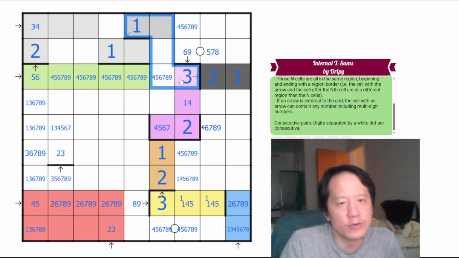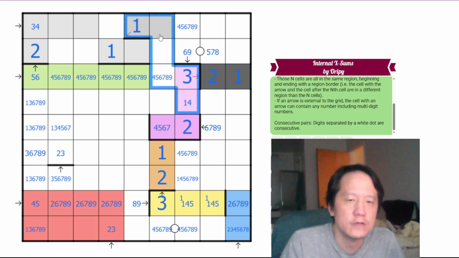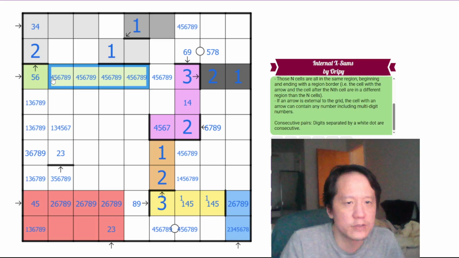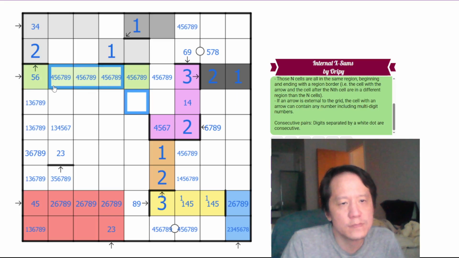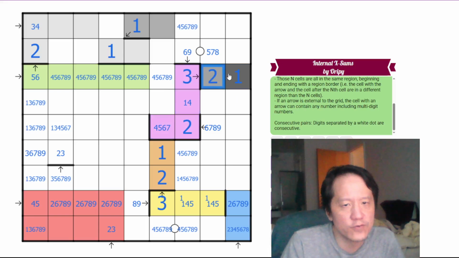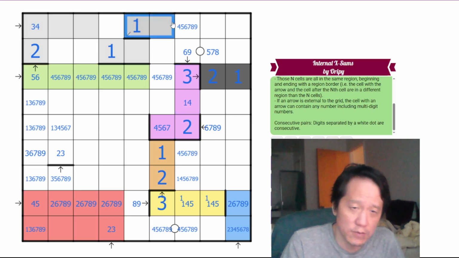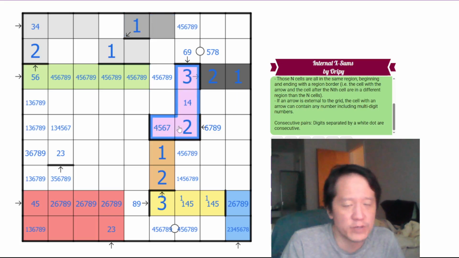This medium gray, though, could be part of the pink. We're not actually certain about that. Green is different from pink. Pink is different from dark. Light cannot be the same as pink, but this medium gray could be the same as this pink.